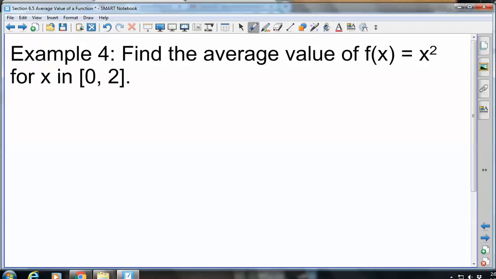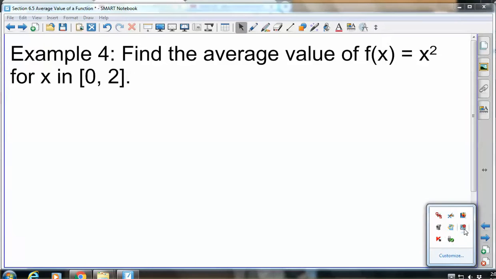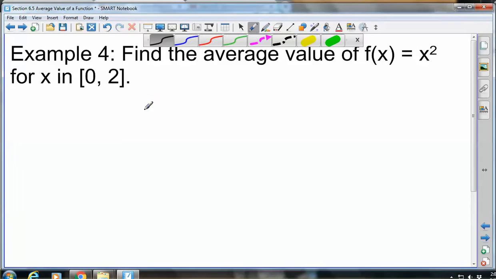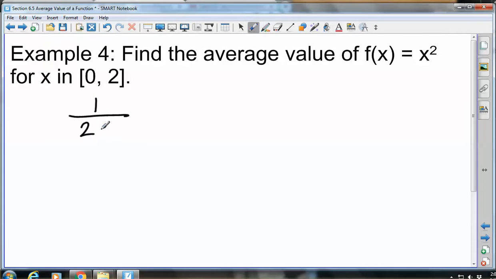So find this average value. Can you guys do it on your own? We want the average value, so I have to do 1 over the ending minus the beginning, integrating from 0 to 2 of x squared dx.